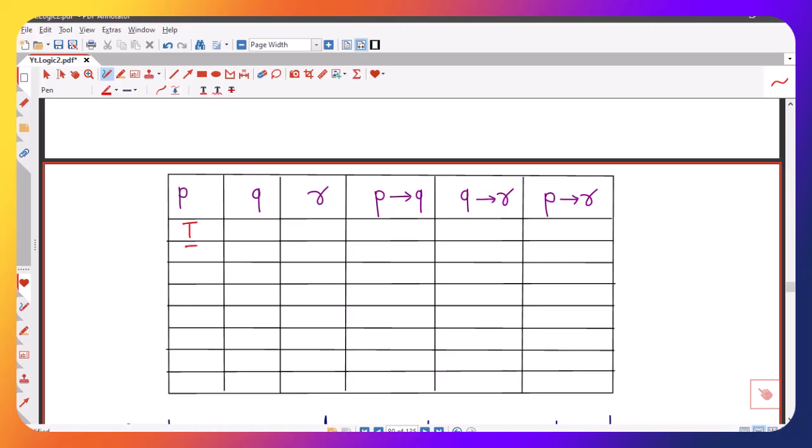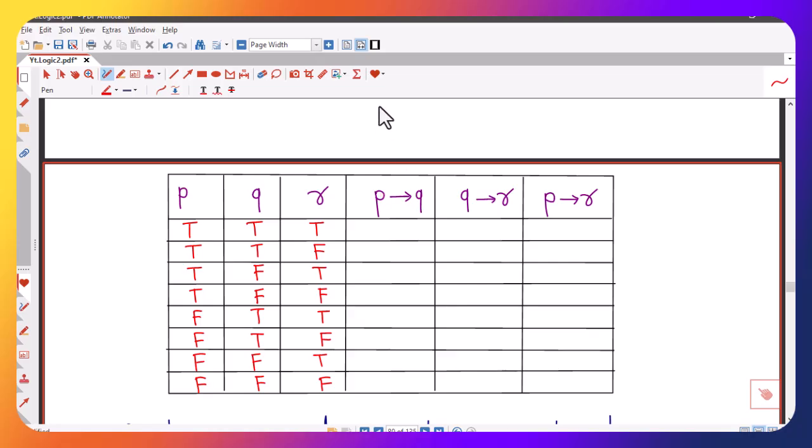And if you recall, in earlier lectures we wrote all these possible combinations in this way. For P, 4 times F, then true, true, false, false, true, true, false, false for Q, and for R we write alternately true and false, true, false, true and false.